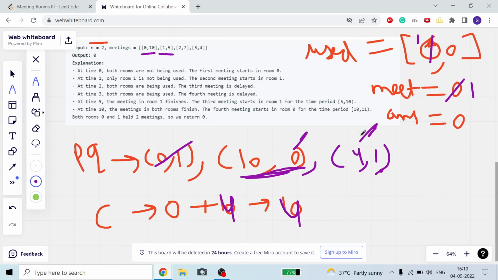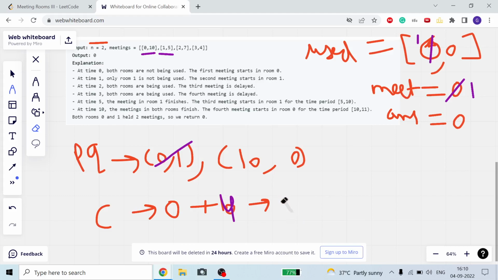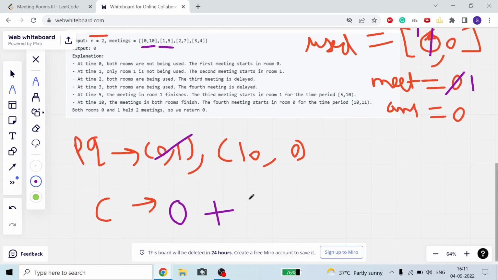Sorry, there is one mistake I made. Just a minute, guys. Now at time 0 our room is free, plus the time it will consume is 4. According to this, our room should be free at 4, but is it possible?